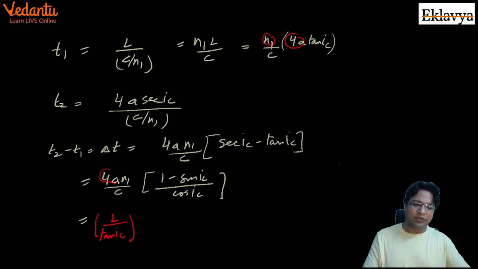So this 4a has been replaced, n1 by c is at its place, 1 minus sine ic upon cos ic.